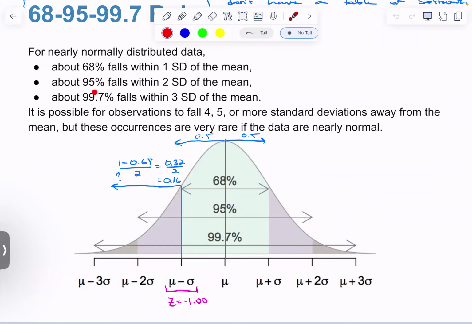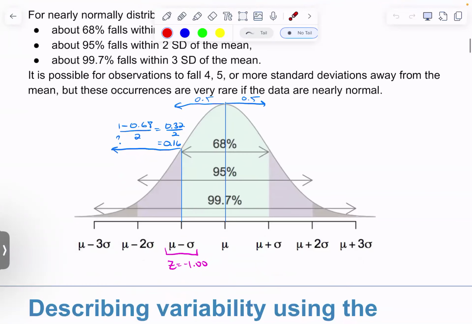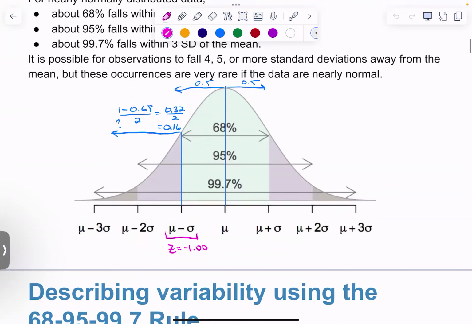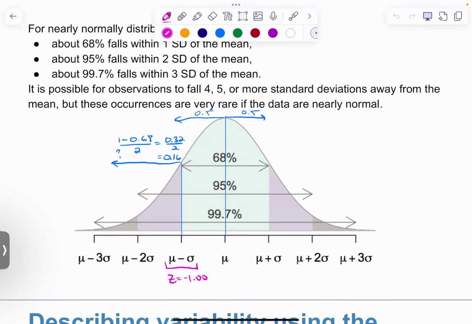And so that's why if we've moved beyond 2 standard deviations, we consider it kind of unusual, right? Because 95% of our population is within those two bounds. 5% is outside, sure, but 95 is within.